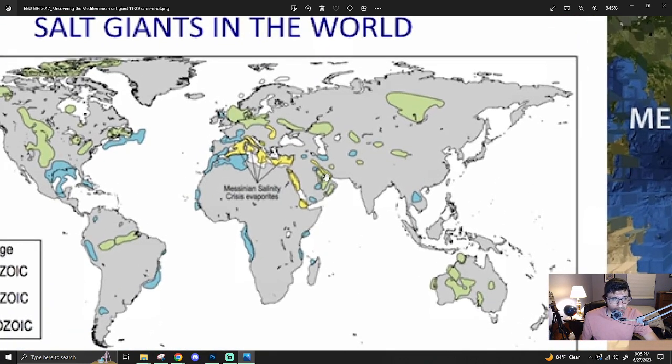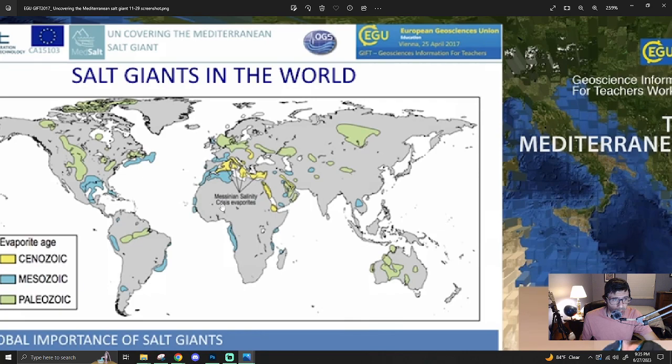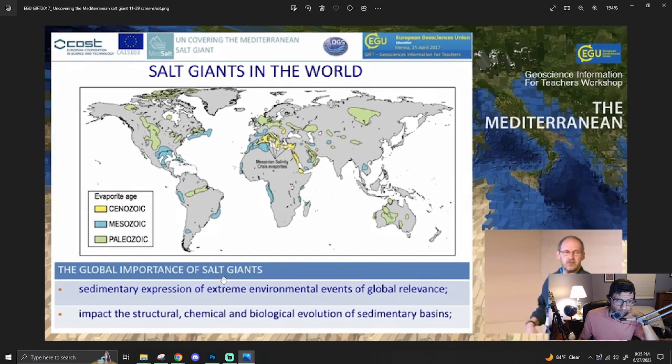Then we see down here, Paleozoic way down here. So maybe this current went across, up, and down. And then we don't see Antarctica at all in this.